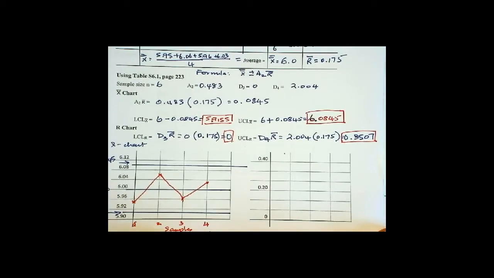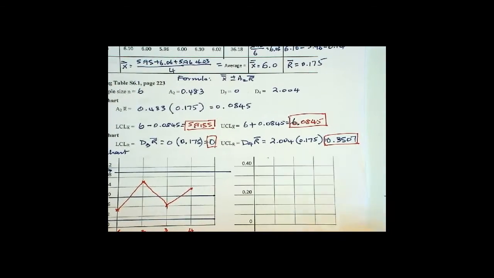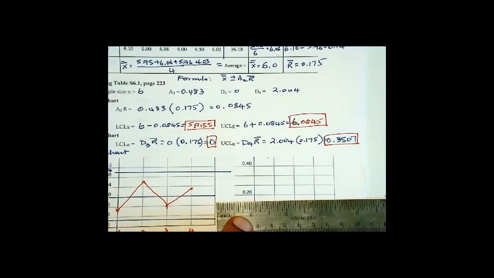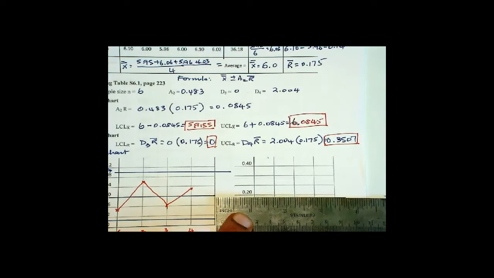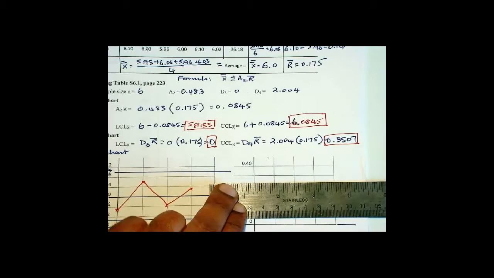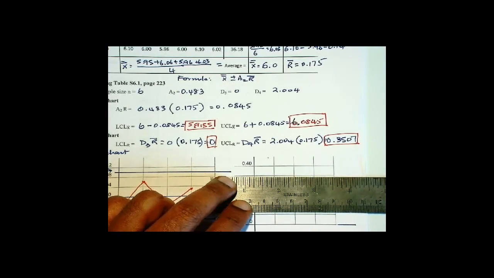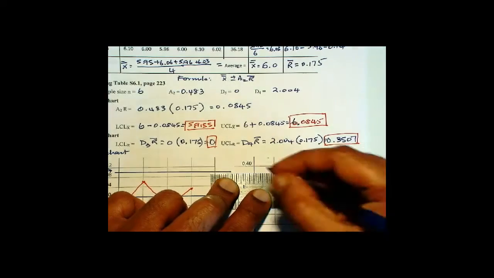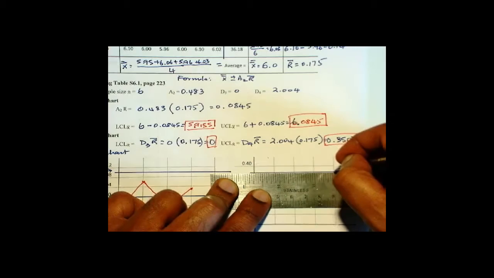Again, R bar is 0.175, so 0.175 is about there. And then the lower control limit is 0. And the upper control limit is 0.35, so about there.